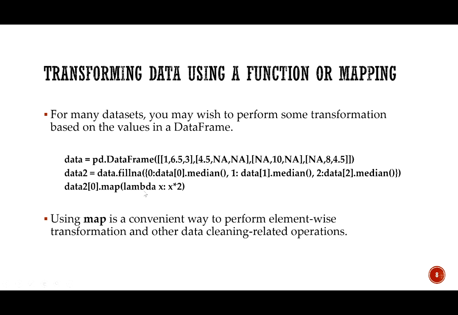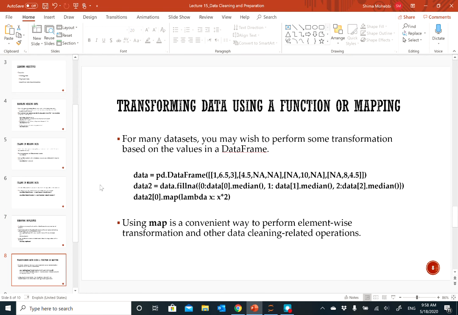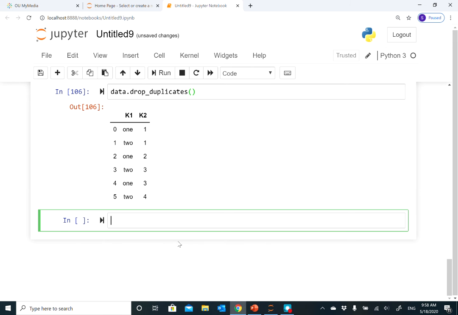So we define the function lambda x, and let's say we want to multiply all items by 2 in the first column. So let's create this data frame, print it, and fill in missing values, and then apply the function to the first column.